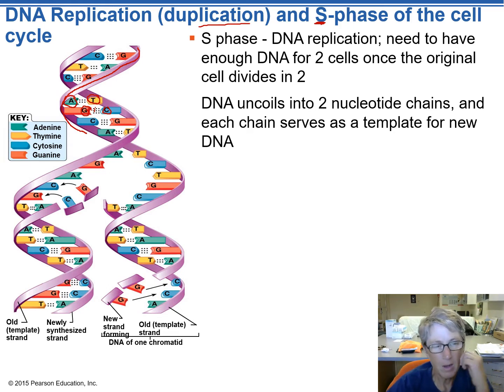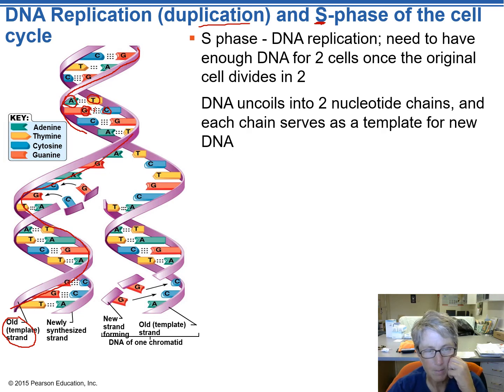And so it shows here, if you follow this, we've got an old strand or a template strand. If we follow this back up, this is the original strand from the mother. And here's the other original strand from the mother.